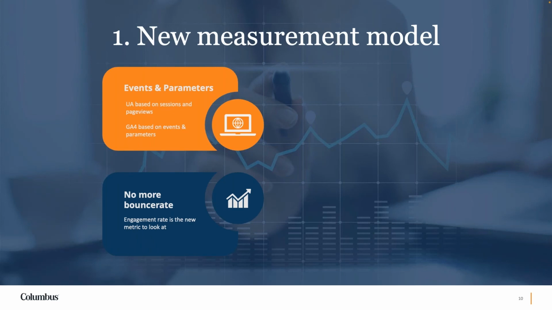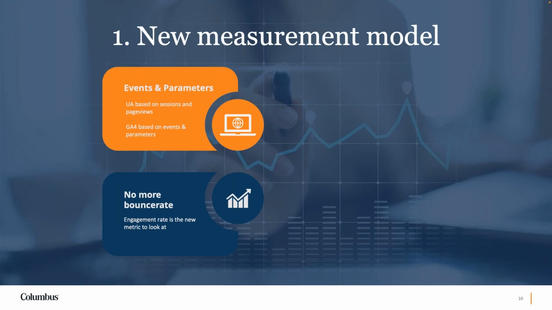So now Google has shifted their focus and is instead working with engagement rate instead of bounce rate. At first sight, you may think it's the opposite of bounce rate, but it is measured in a slightly different way. Engagement rate is based on engaged users, and an engaged user is a user that has been active on the site for at least 10 seconds, or visited 2 pages or page screens, or triggered a conversion event.